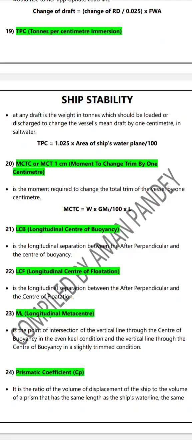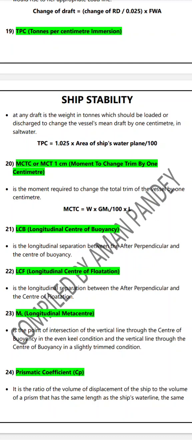So what is TPC? TPC is nothing but the tons required to change the draft of the vessel by one centimeter, by loading or discharging weight.